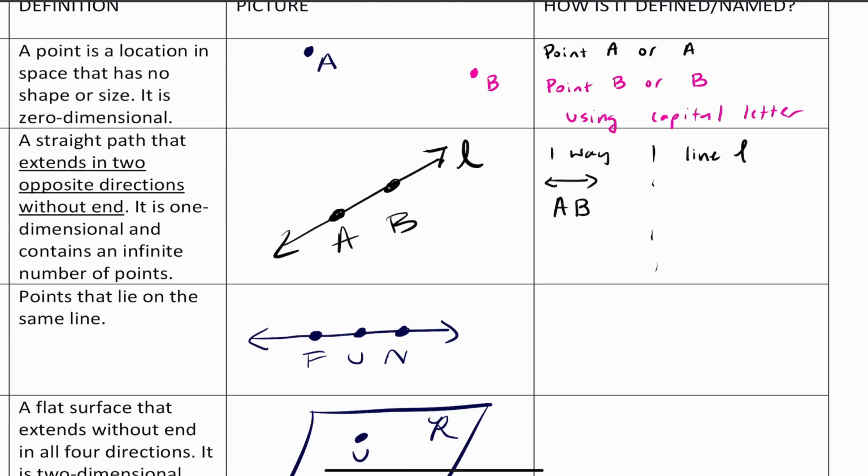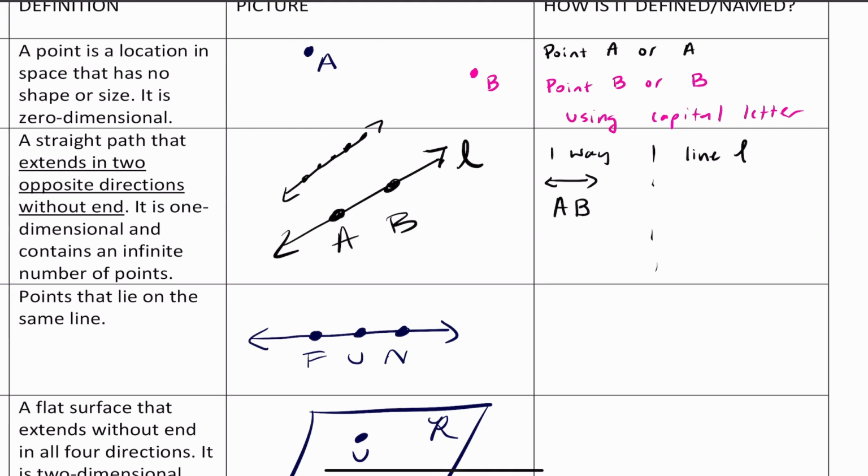It actually has an infinite amount of points because a point is a location. There's a location here, there's a location here, there's a location here. It's just that the points are not popping out at you, right? When you were graphing in Algebra 1, you were constantly rising and running and plotting those points down just like so.